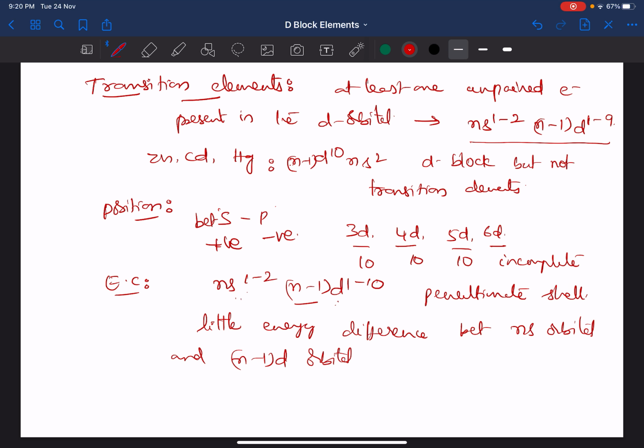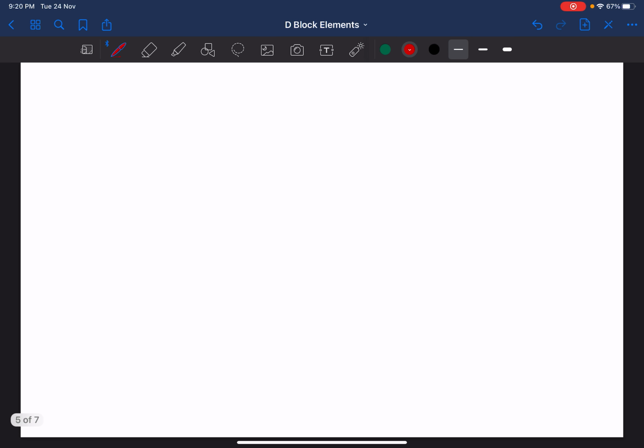In the 3d series, we have the half filled configuration in chromium. In the 4d series, it is molybdenum. In the 5d series, it is tungsten or wolfram.